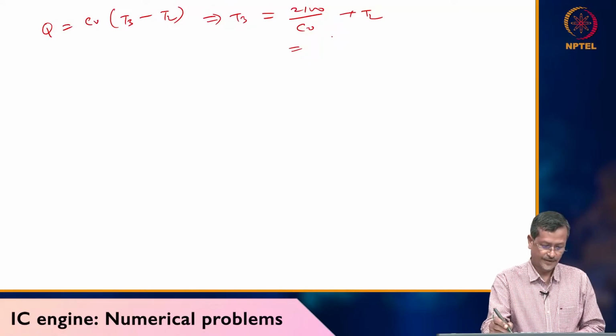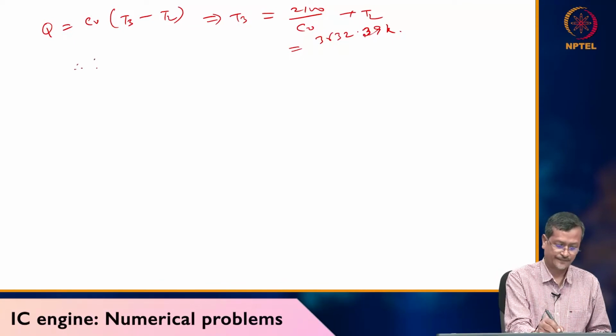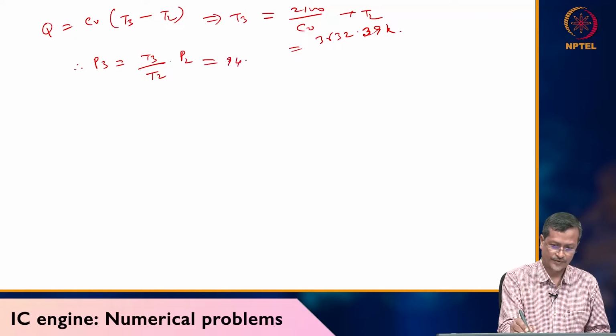So it is coming like 3632.39 K. Now P3 equals T3 by T2 into P2, which equals 9434.8 kilonewton per meter square.